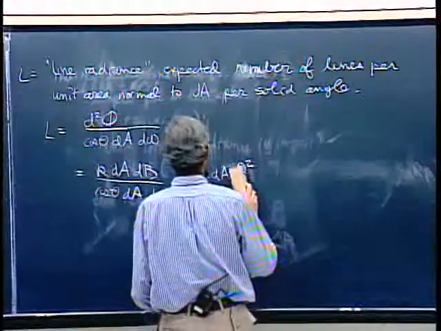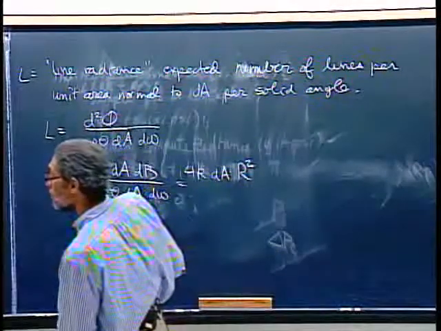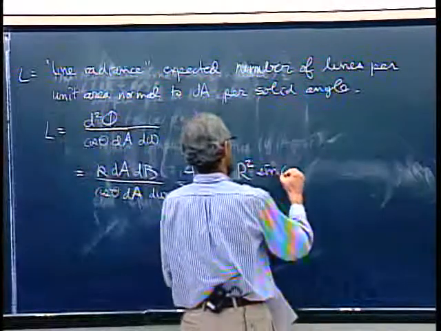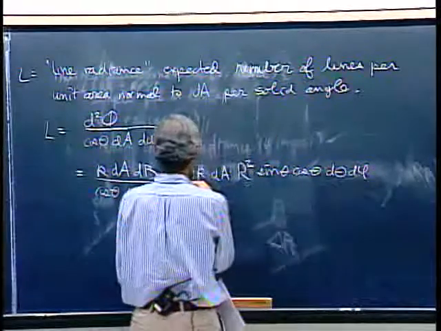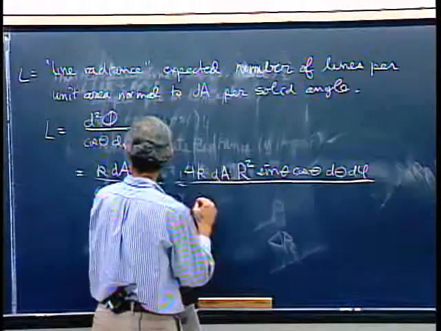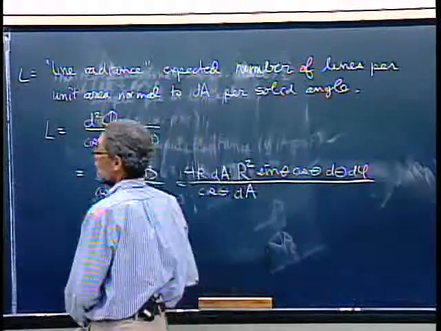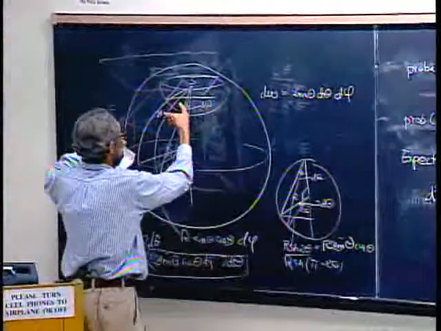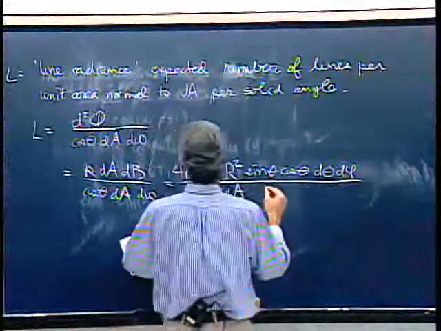Maybe I should put that in front, 4k. And now I have a sine theta, cosine theta, d theta, d phi. And in the denominator, I'm going to have cosine theta, dA. And then for d omega, measured on this unit hemisphere, which was the mistake I was stuck with last time, I'm going to have sine theta, d phi.